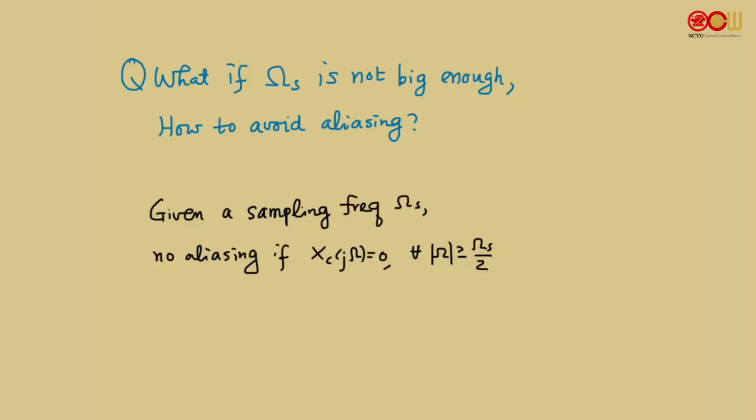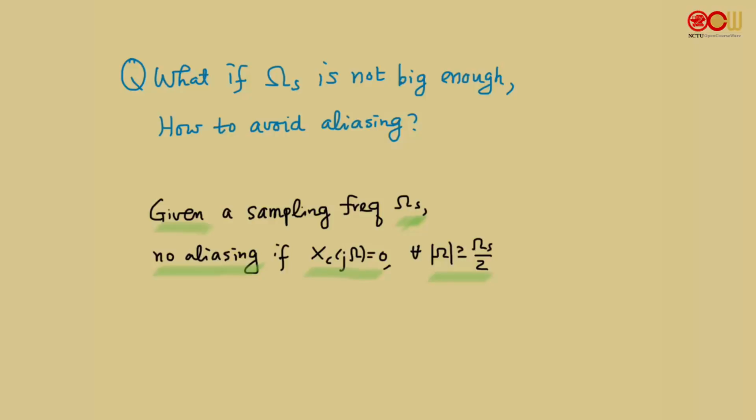From the sampling theorem, we know that if the sampling frequency is given to us, omega s, there is no aliasing if xc is nicely band limited, equal to 0 for all omega greater or equal to half omega s.